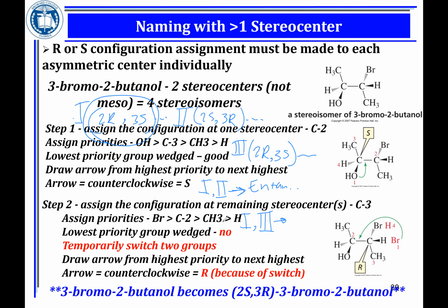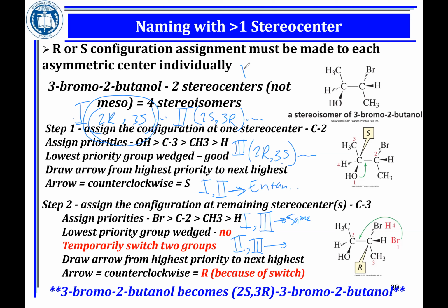Same. 1 and 3 both have 2R and 3S. Very good. What about 2 and 3? If 2 and 3 are the same, then both of them are enantiomers to 1.